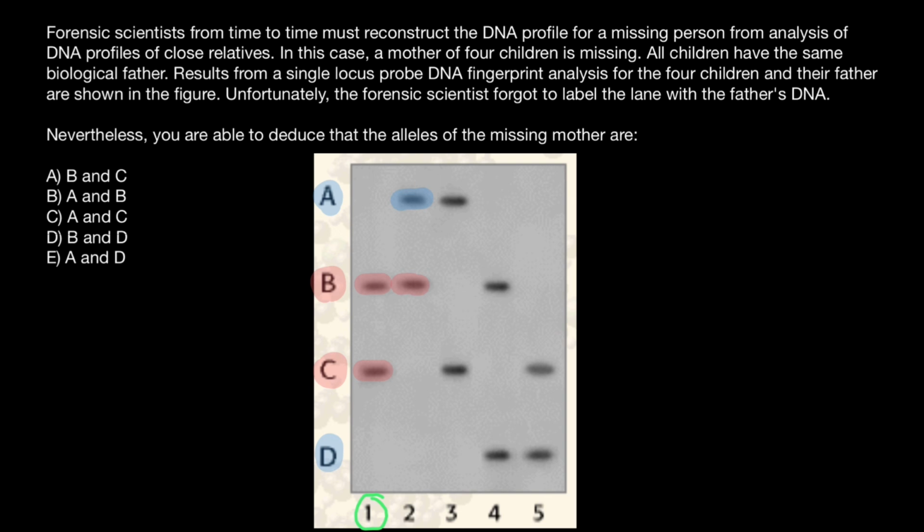Child number 3 got one allele from the mother's side, another allele from the father's side. Child number 4 got one allele from the mother's side, which is D, and another allele from the father's side, which is B. And child number 5 got one allele from the mother's side, allele D, and another allele, C, from the father's side.